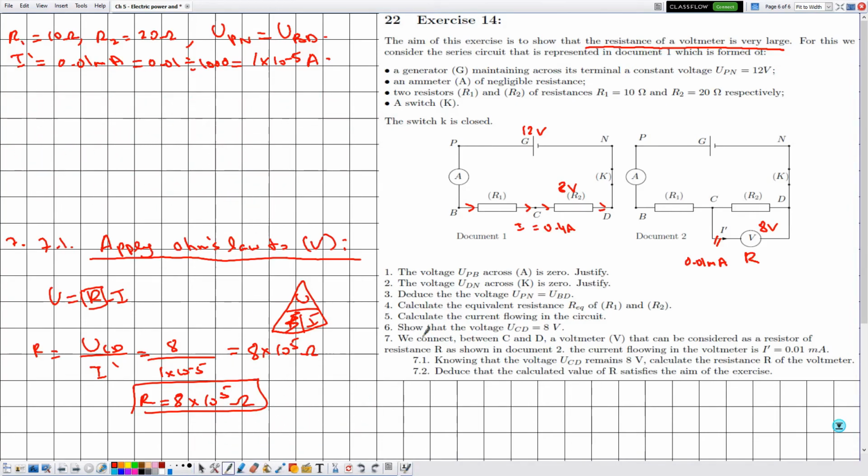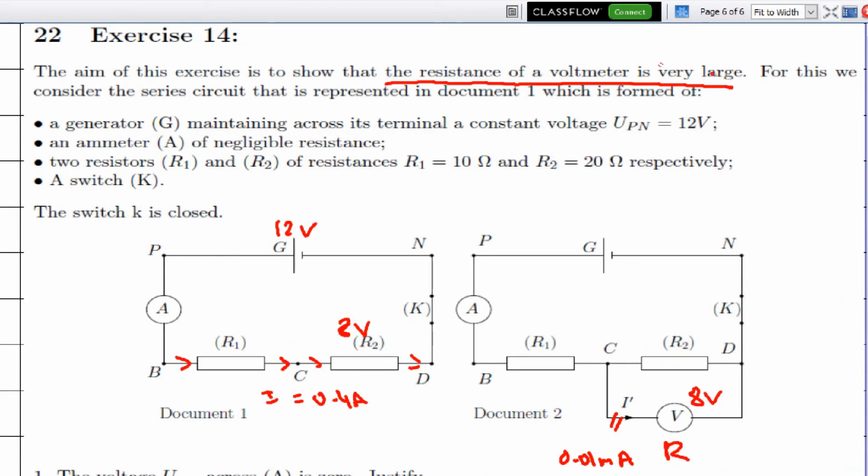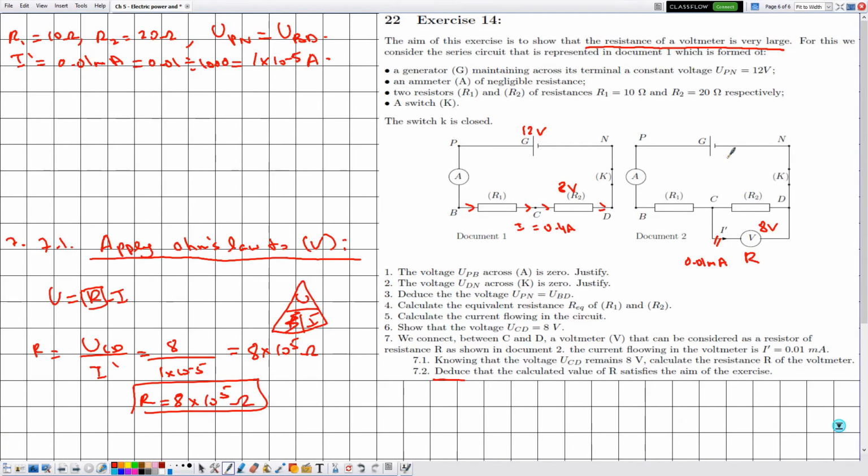Now in 7.2 they are telling me deduce that the calculated value of R satisfies the aim of the exercise. So now let's refer back to the aim of this exercise. The aim of this exercise is to show evidence that the resistance of a voltmeter is very large. Now we need to refer to the aim and to the calculated value.